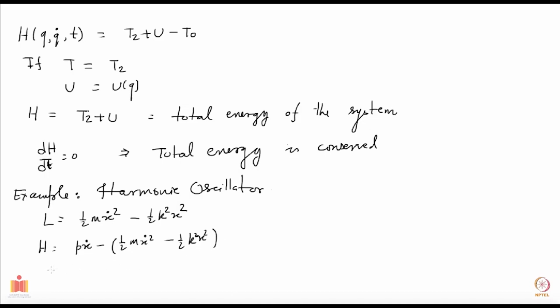And you also recall that your del L over del x dot is what is P, which if you take the derivative, you get m x dot, which you can solve to write x dot to be P over m.